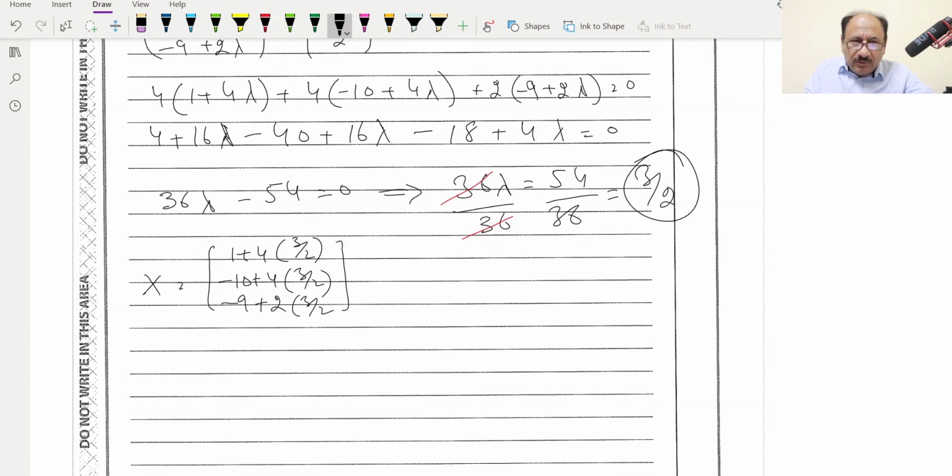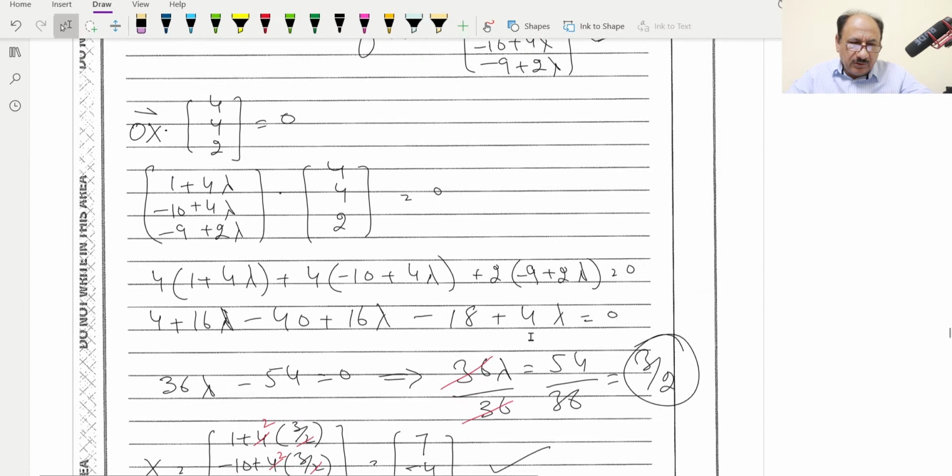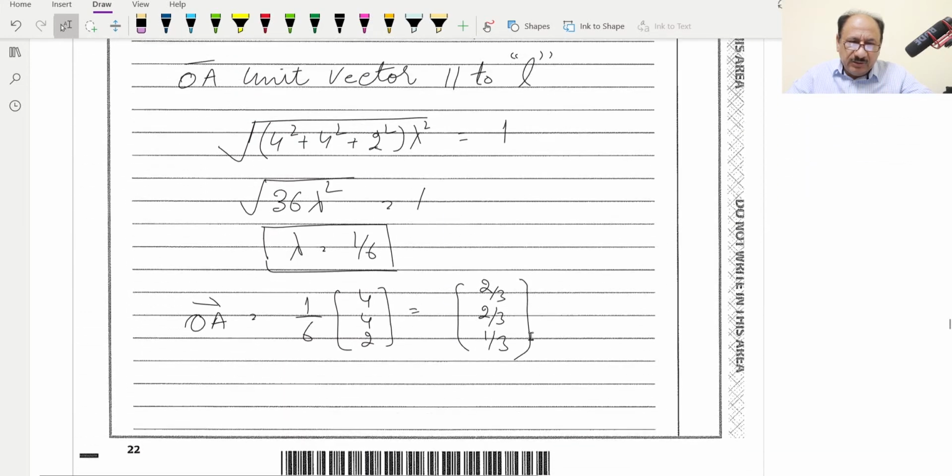After multiplication we can cancel the 2s. So this will be 6 plus 1 is 7, then 6 minus 10 is minus 4, and 3 minus 9 is minus 6. So this will be the X value which we were supposed to find. We are done with this B part as well.